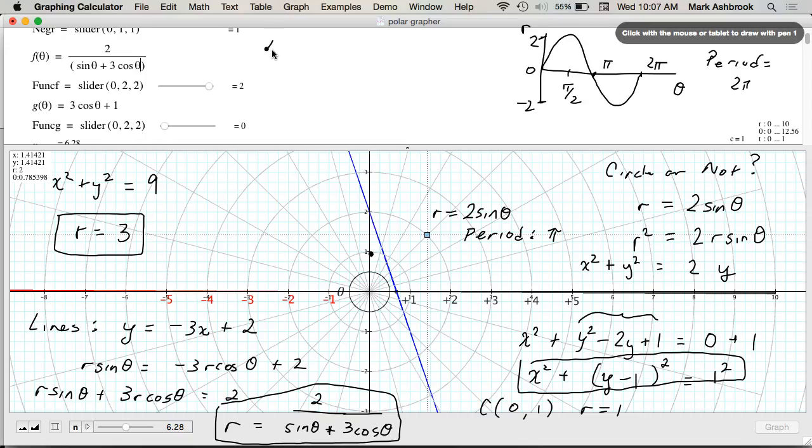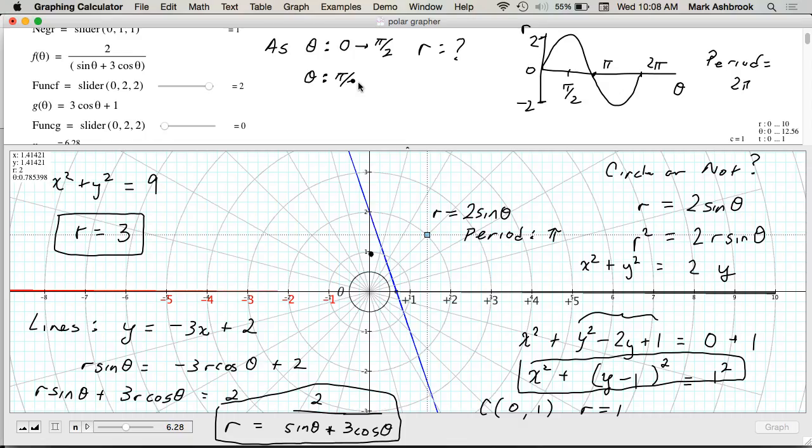But again, the key is as theta goes from 0 to pi over 2, r does what? As theta goes from pi over 2 to pi, r does what? So this is the covariation again, right?